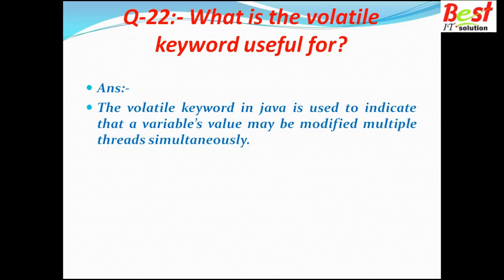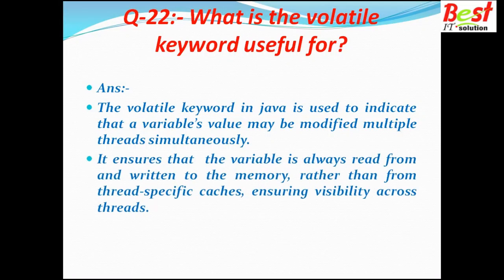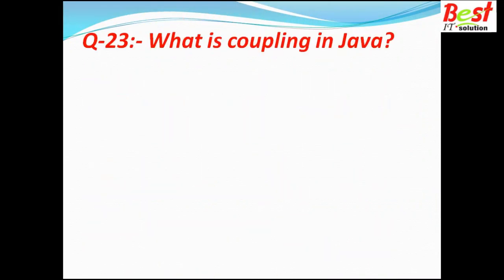It ensures that the variable is always read from and written to main memory rather than thread-specific caches, ensuring visibility across threads.